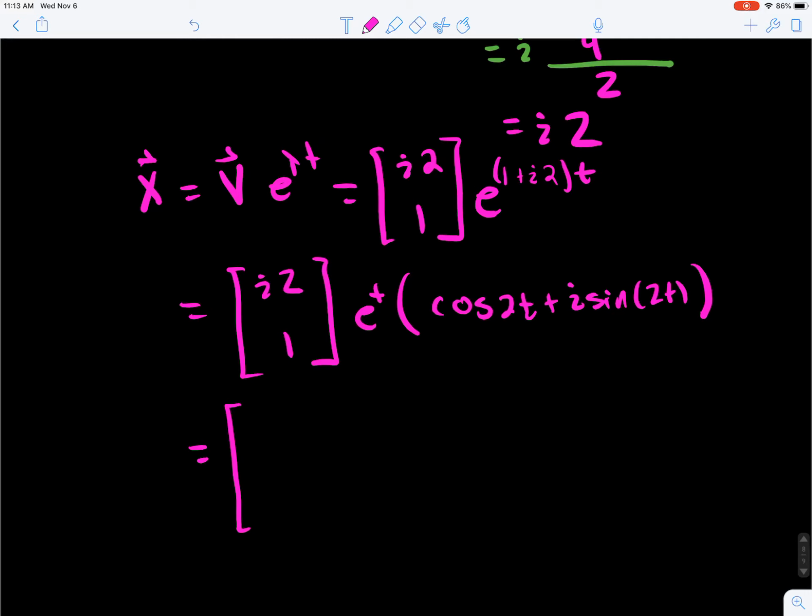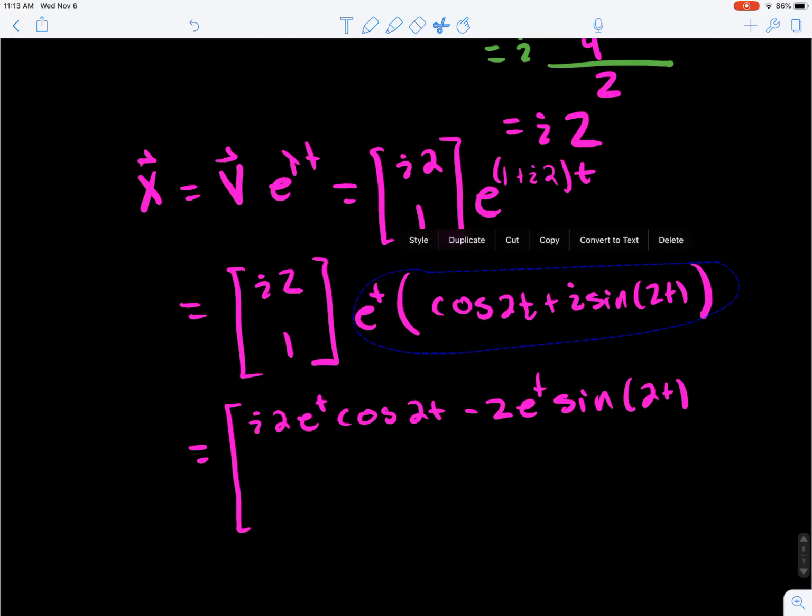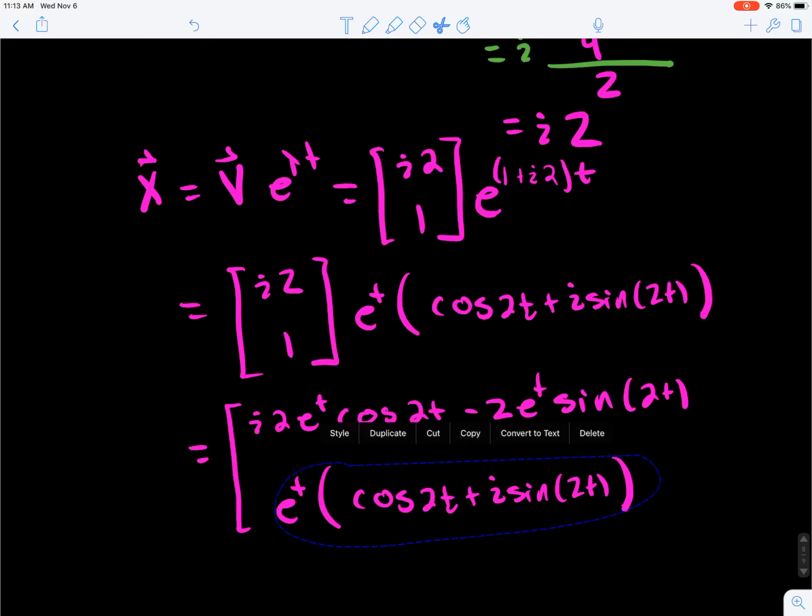So then at the top, you're going to get i e to the t cosine of 2t plus, so the i's this time are going to cancel, but i times i is going to give us a negative 1. And we're going to have a 2, we're going to have e to the t, and we're going to have sine, and in parentheses 2t. Then at the bottom, what we're going to have is just what's out here. We're just going to copy and paste that there.